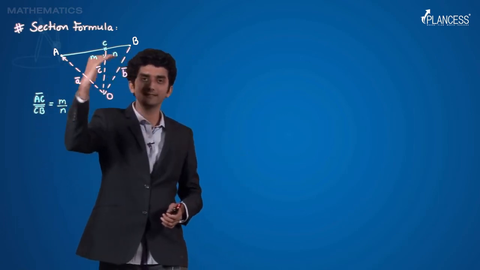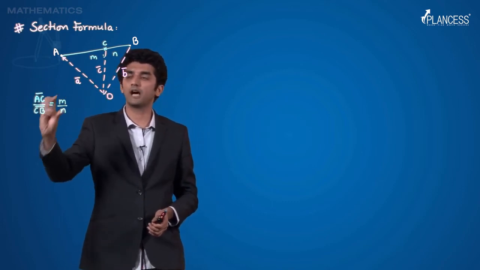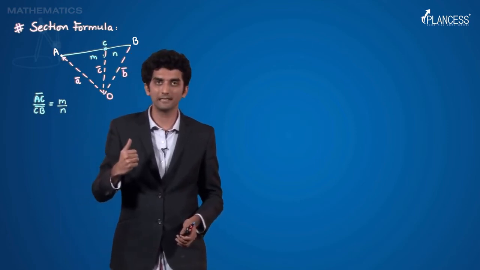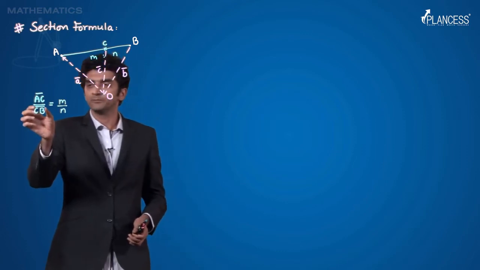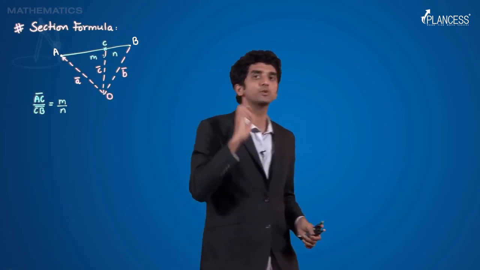So they are in the same direction and their magnitudes are in the ratio of M upon N, and the directions are also same. So we can definitely write this, because we know that any vector for that matter is nothing but its magnitude into its unit vector.